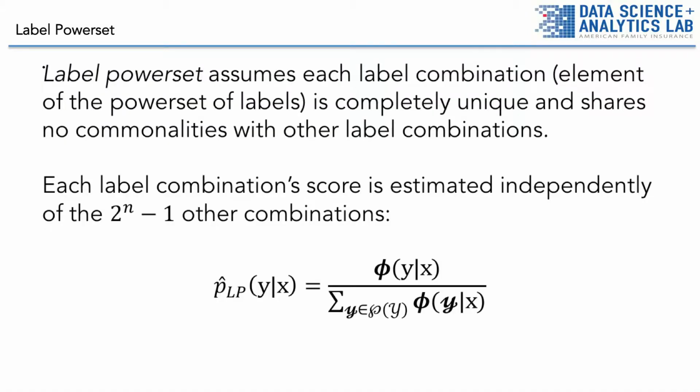And it's called label power set because we're basically taking the power set of these 2 to the n possible combinations of labels as the set of classes that we can consider assigning in a multi-class classifier. So we have some classifier that's going to do scoring in the output space, and then we're going to normalize over the entire power set of label combinations to get a probability for that.